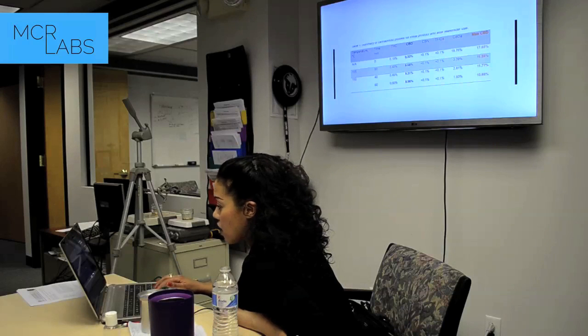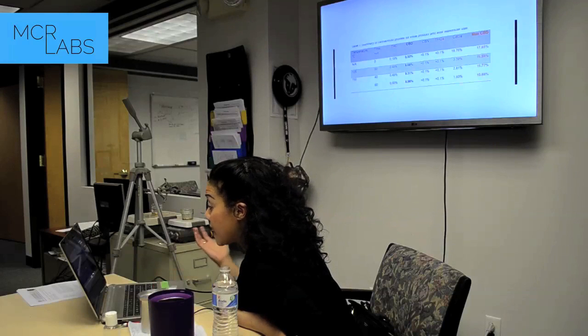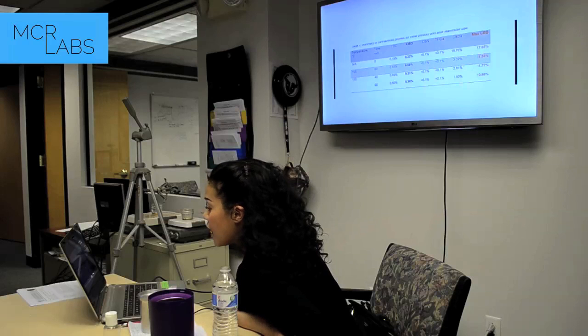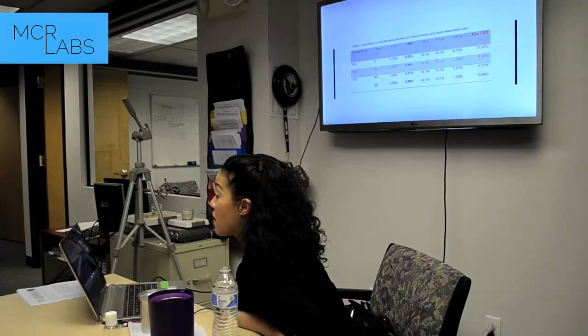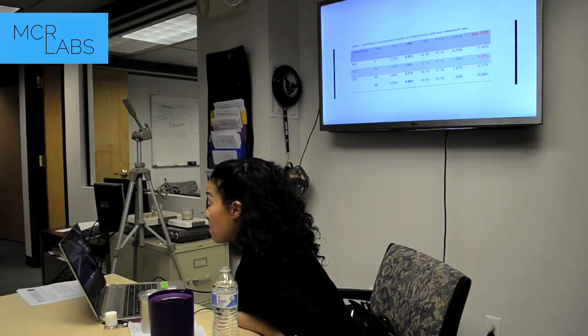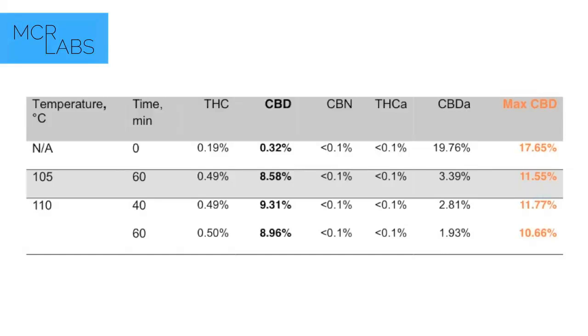So let's see, we're talking about CBD. Okay, so CBD, yes, it does take more energy than THC, but what we found is that it's more volatile than THC as well, and it requires tighter control.